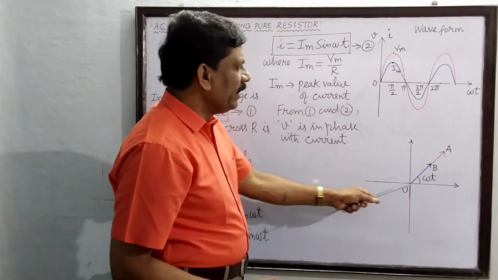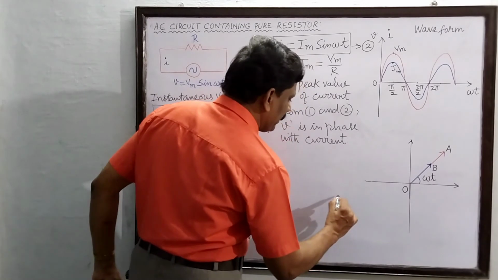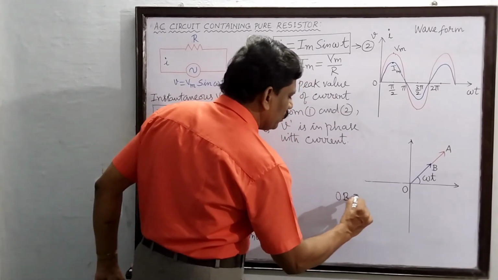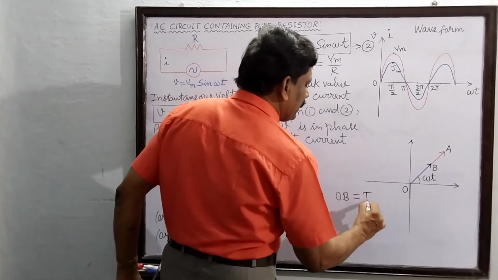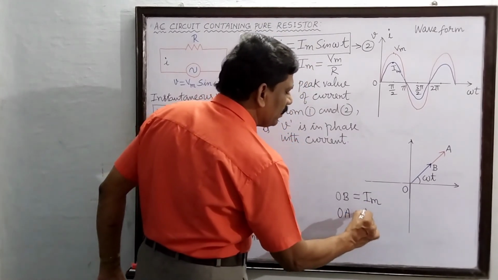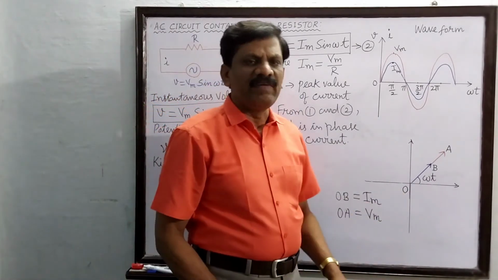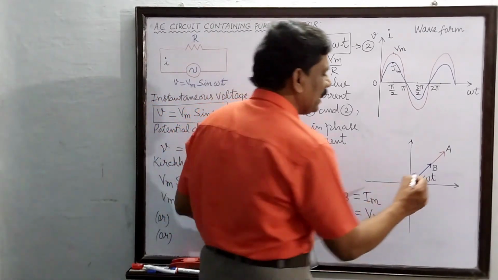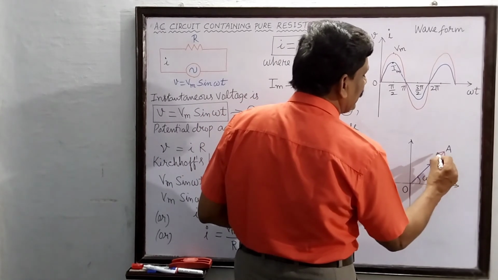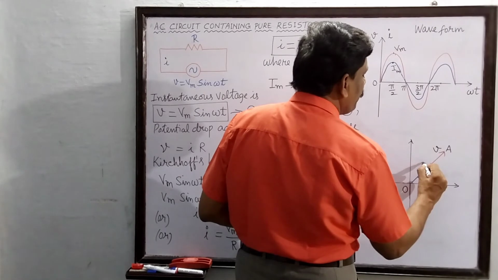Now, the length of this phasor OB is the maximum value of current. Similarly, the length of OA must be equal to the maximum value of the voltage. So from this picture, we find that both the current and voltage are in phase with each other. So this red vector is V, and this blue vector is I.